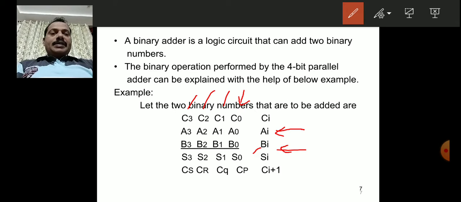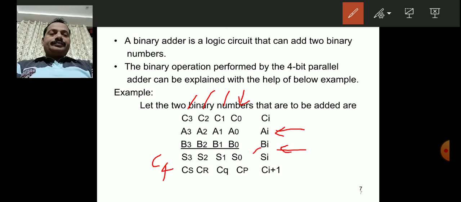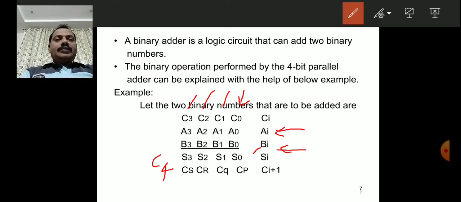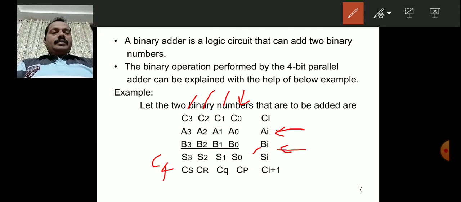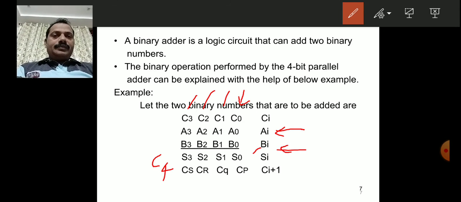C3 plus A3 plus B3 gives us S3, and C4 is the final output. That is, here you will get the C4. So this is the working of this binary adder.